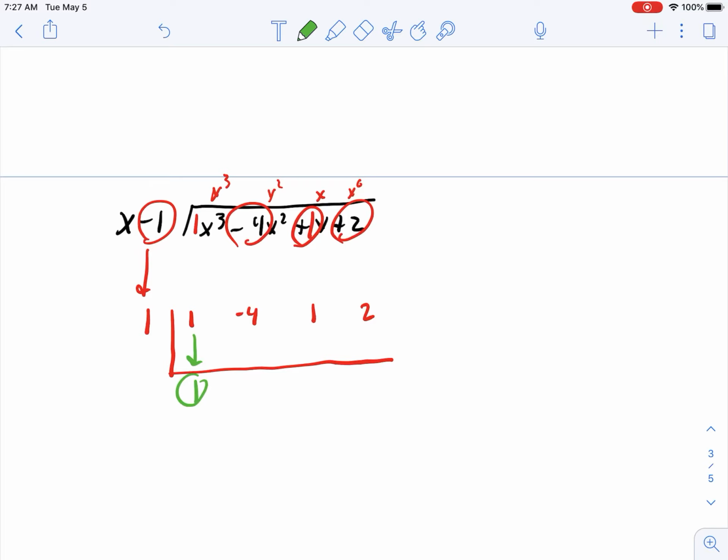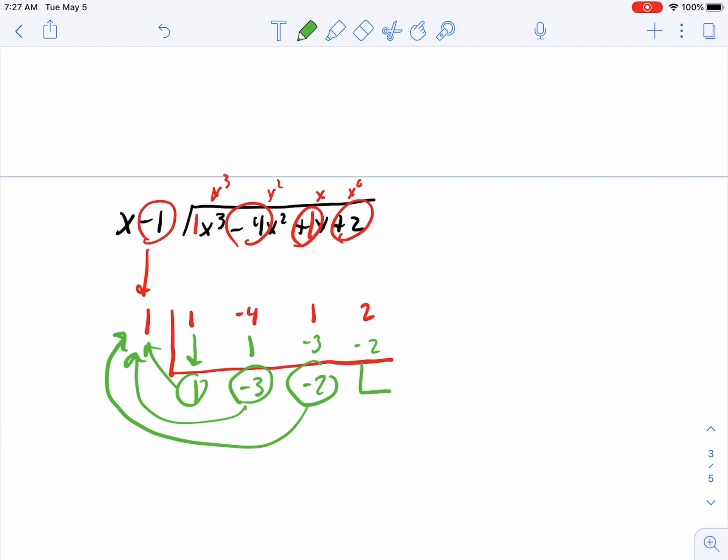Bring this down and multiply by that. 1. Add, negative 3. Take that, multiply by that, negative 3. Add, negative 2. Take that, multiply by that again, negative 2. And the last one is always your remainder. So it went in evenly. And I reduced it by 1 power.